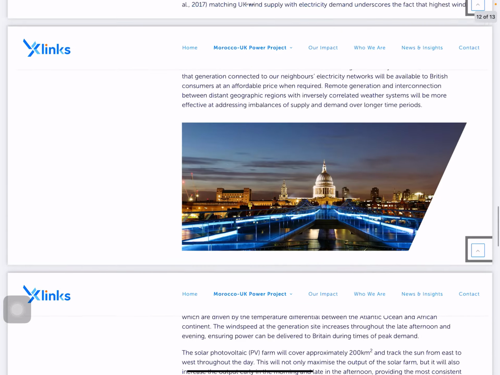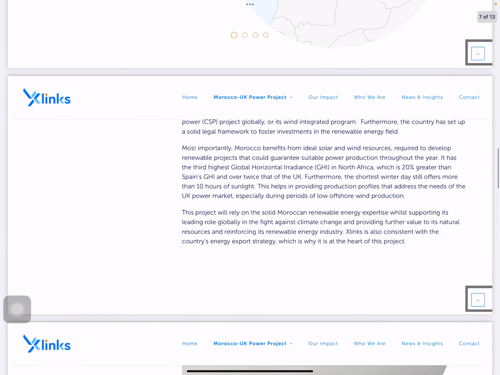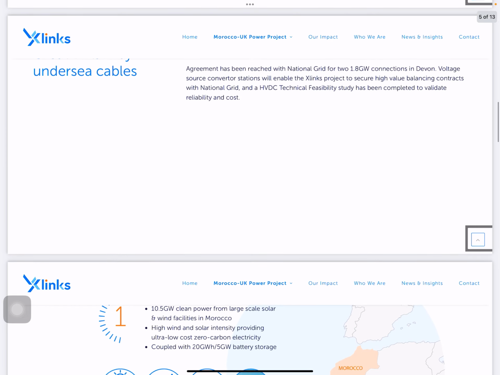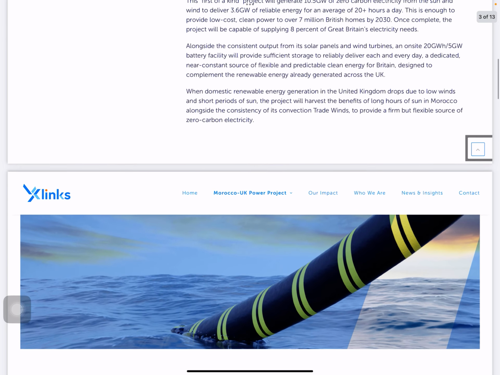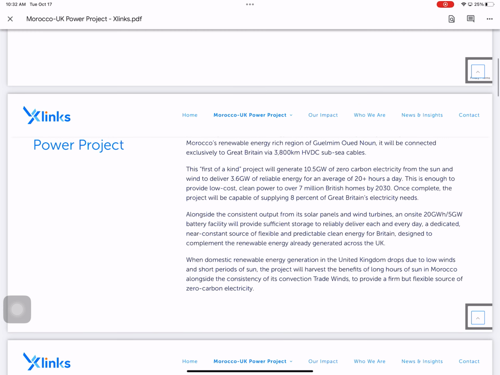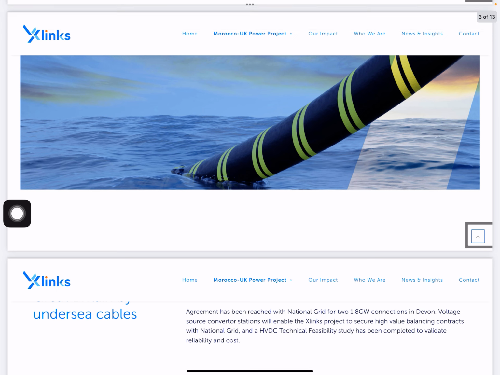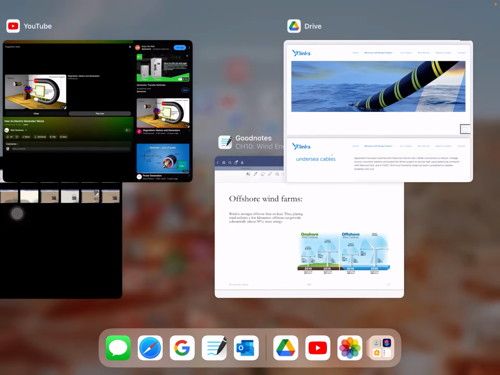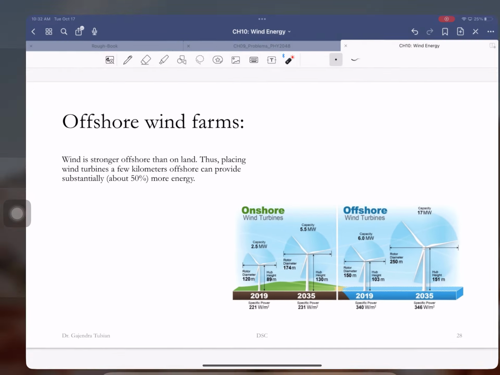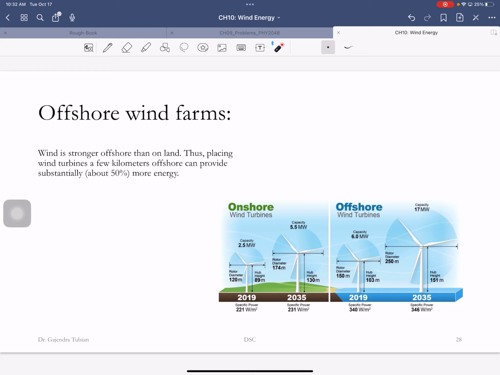Anyway, I was trying to see the length of this cable. So 4,000 kilometer subsea cables are going to bring power from Morocco to England. And there's the cable. It's nothing if you have a few kilometers of it. All the technology is here. Again, what is stopping? Money. No, cheap batteries. Okay.